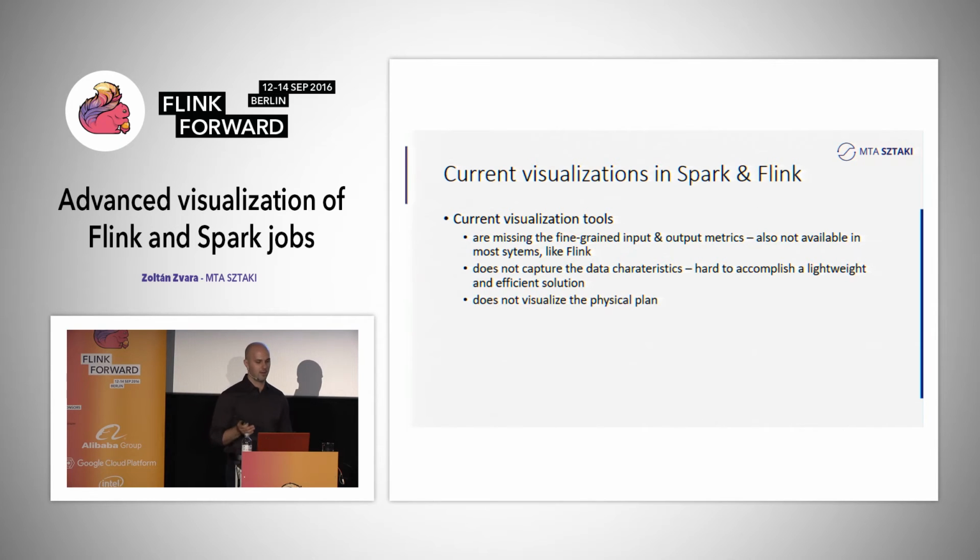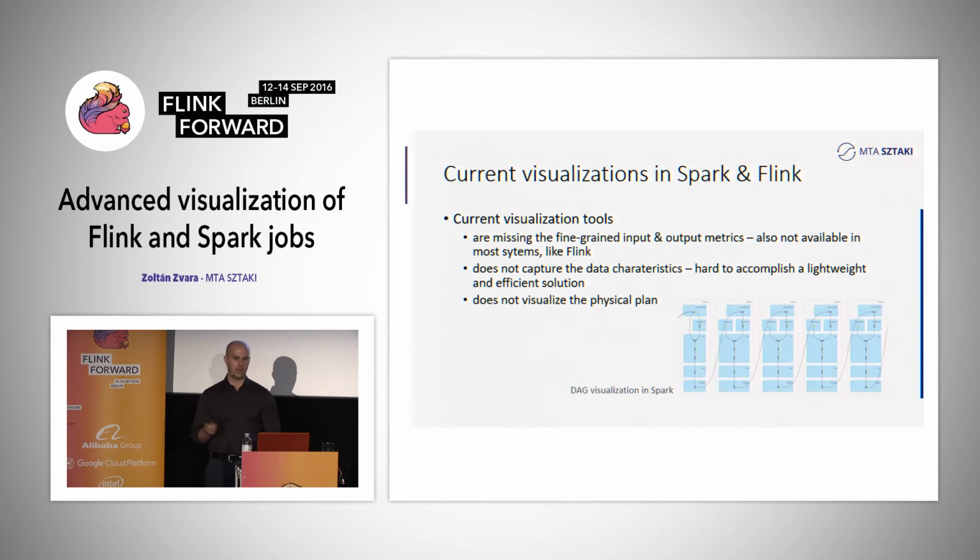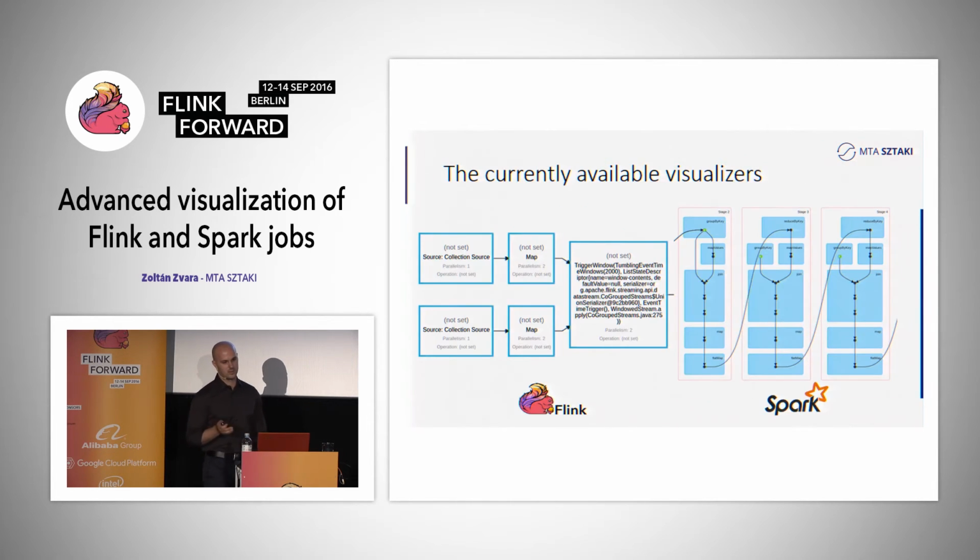Additionally, we found out that these systems are not able to visualize the physical plan, which we wanted to see. For example, we have a very nice DAG visualization in Spark. And if we put this visualization in contrast to Flink, we'll see that, because we have differences in the models, as you may know, Flink can support iterations natively.